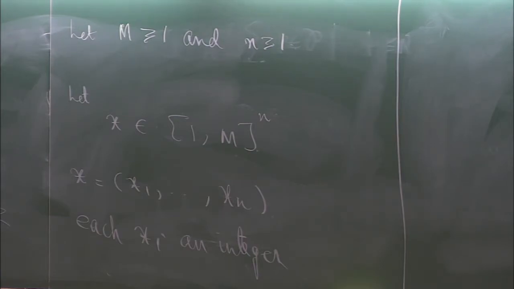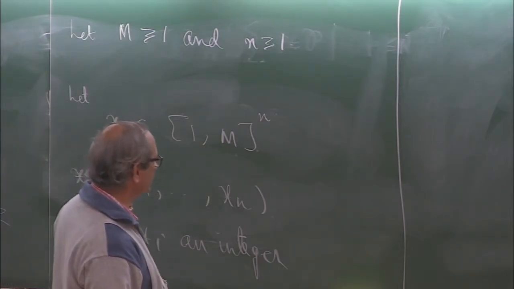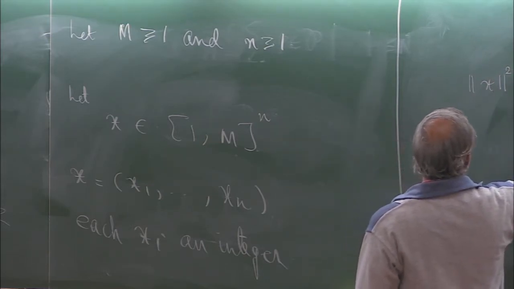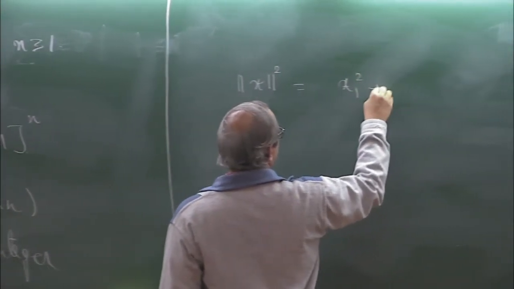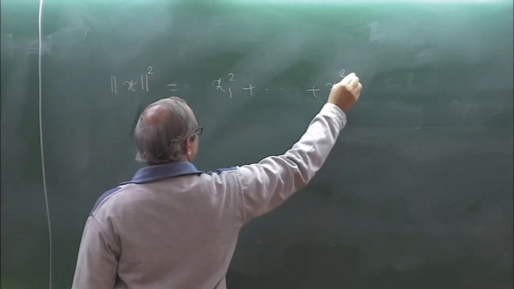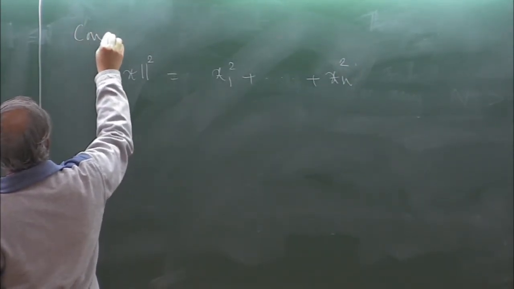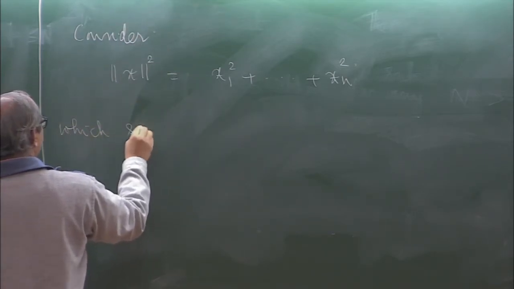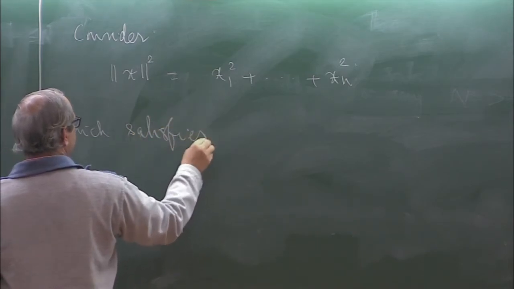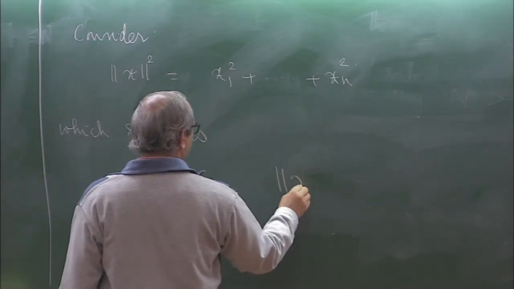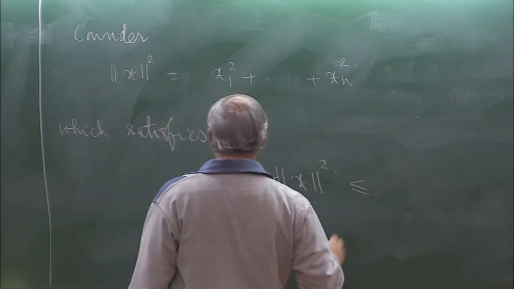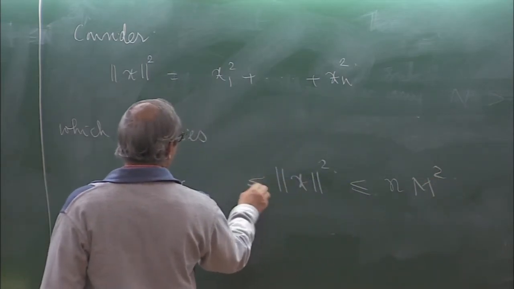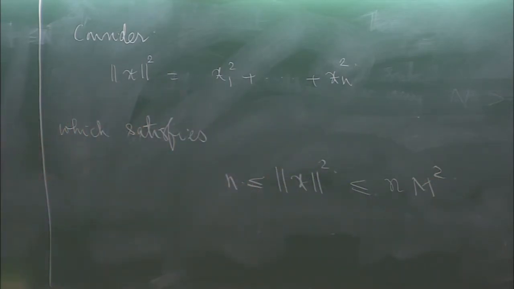So consider the integer points belonging to this n-dimensional set, this cube in the integers. Now look at the square of the norm, which is x1 squared plus x2 squared up to xn squared. Consider this, which satisfies norm x squared is less than or equal to n m squared and greater than or equal to n, right?